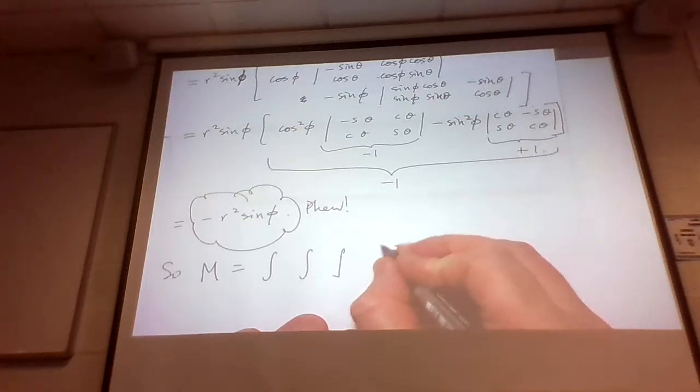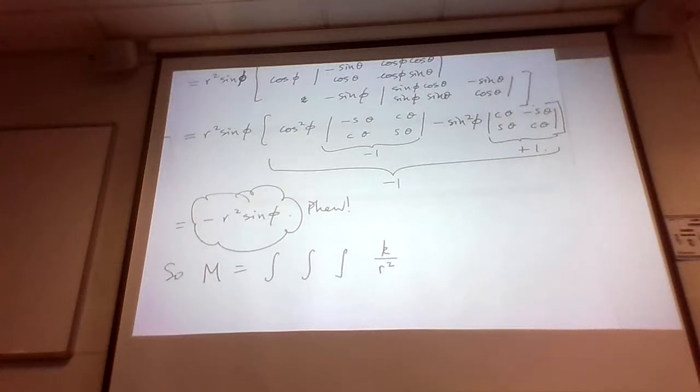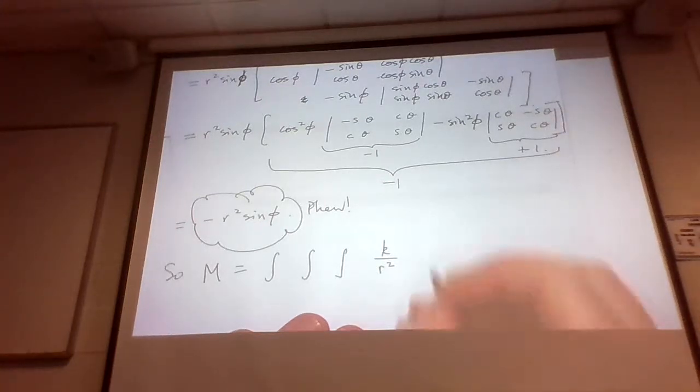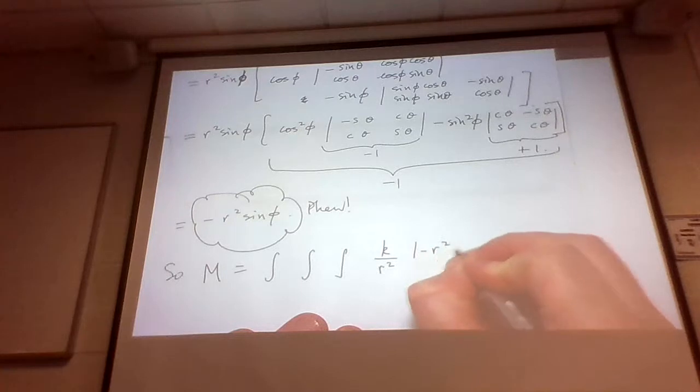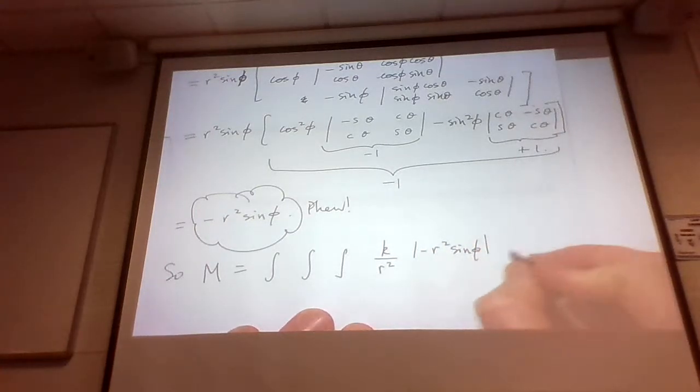So the function we're integrating is k over r squared. So we're changing to spherical polar coordinates. So the 1 over x squared plus y squared plus z squared is now 1 over r squared. Taking the absolute value of the Jacobian, minus r squared sine phi, and then dr, d theta, dz.